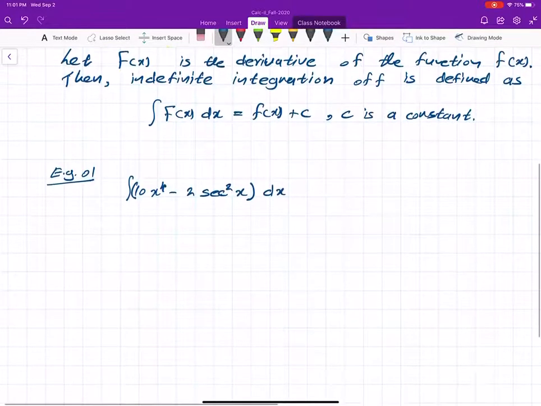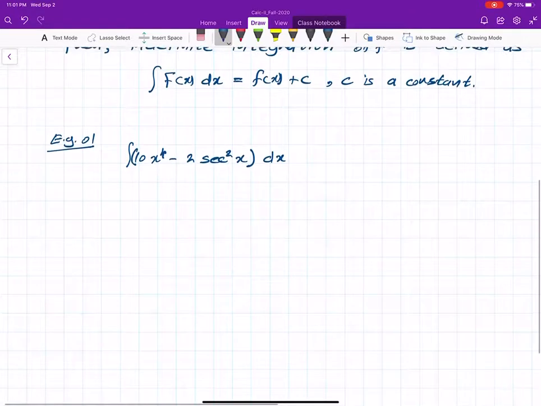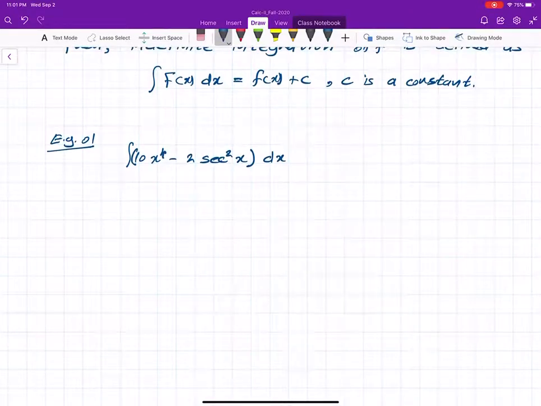Here also you have to use the properties of integration. As you remember, in one of the early sections, I gave you a set of properties of integration, and also all the formulas that you could use when you are working on integration. All those are required here.